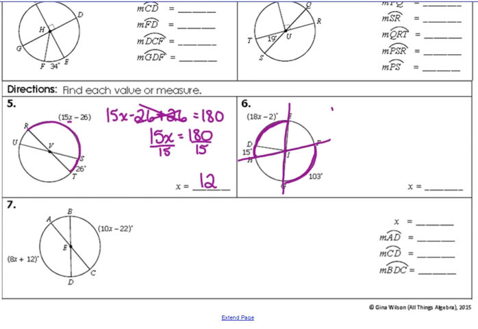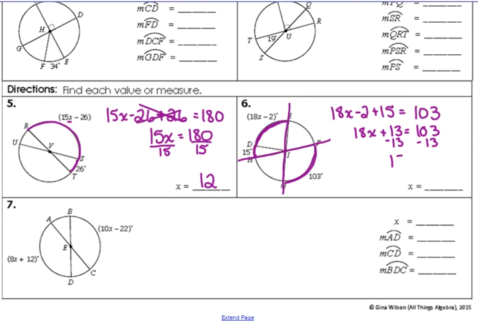So that means that 18x minus 2 plus 15 is equal to 103 because they're vertical. So those two pieces together are equal to the 103. So we've got 18x plus 13 is equal to 103.